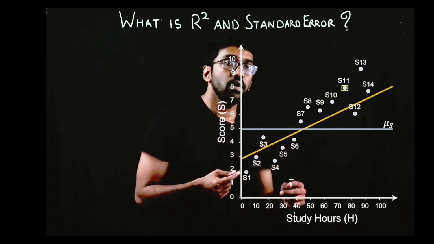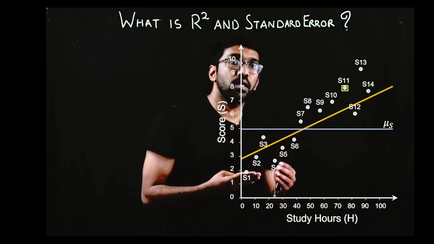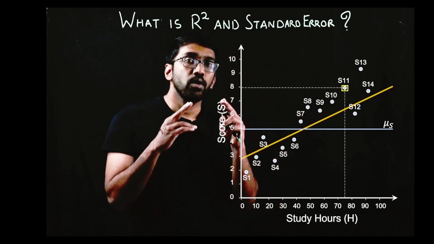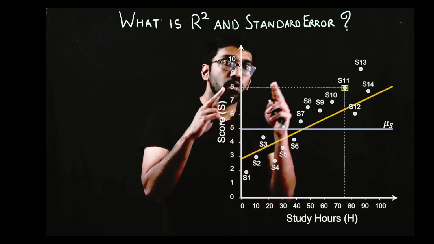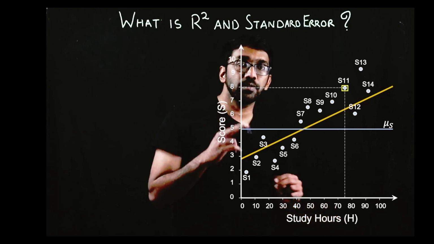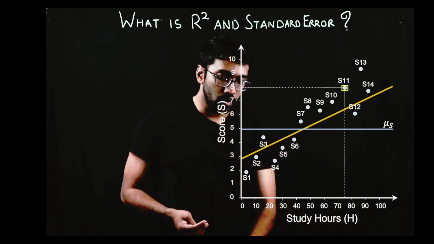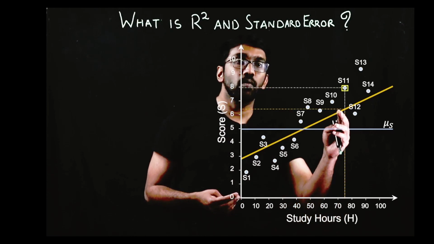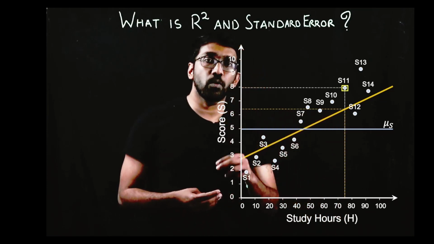You can see that for every student, for example, let's say student S11, the actual value of the score is 8, for that the student studied for about 76 hours. What does the model say? The model says that the student who studied for 76 hours will get a score of about 6.5.